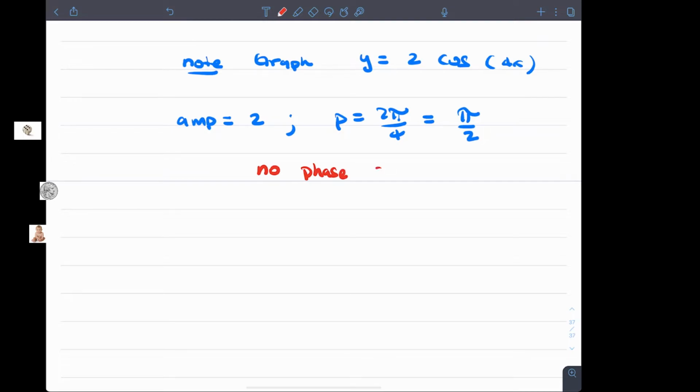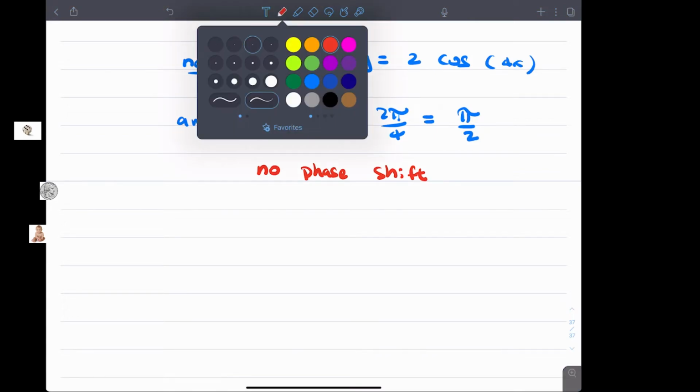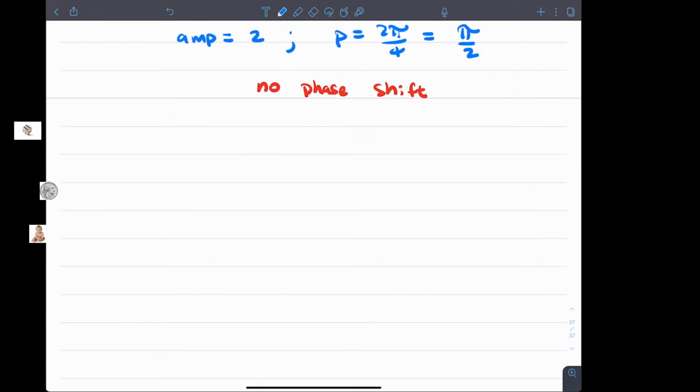There is no phase shift. Okay, you guys okay with that one? No phase shift whatsoever. So now you go, okay, we can do this. No big deal. We've been graphing for quite some time. I'm on graphing lecture 5. Jesus. 5.